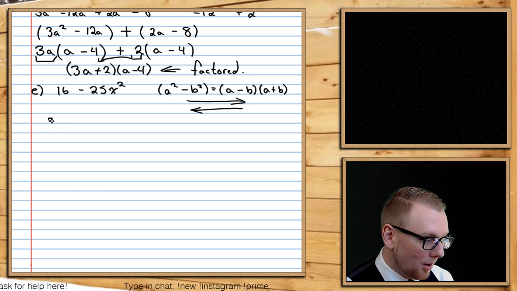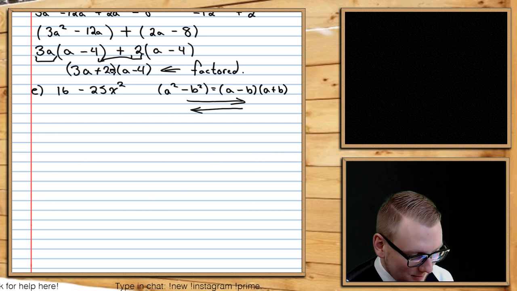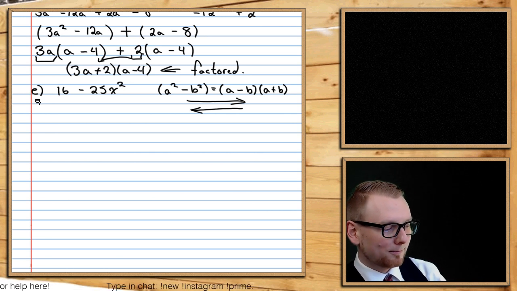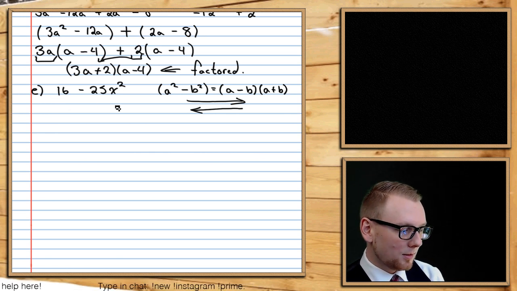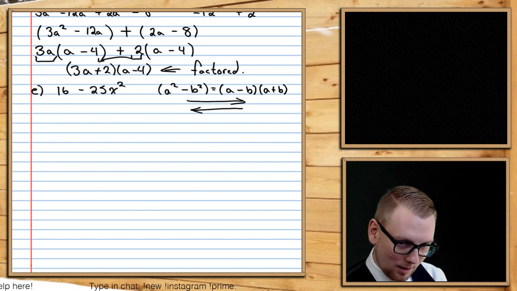Okay, cool. So, what does this turn into then? If we have 16 minus 25x, what's a and what's b?